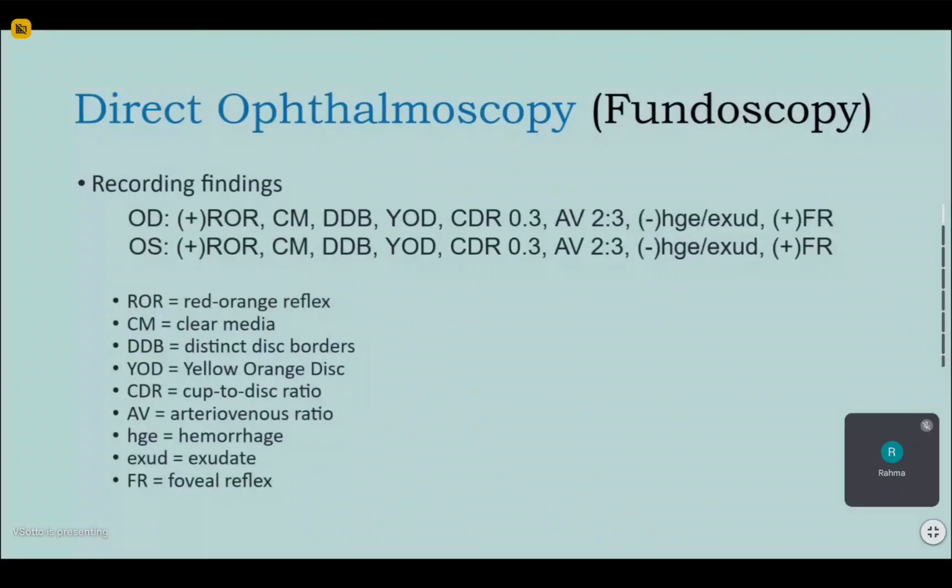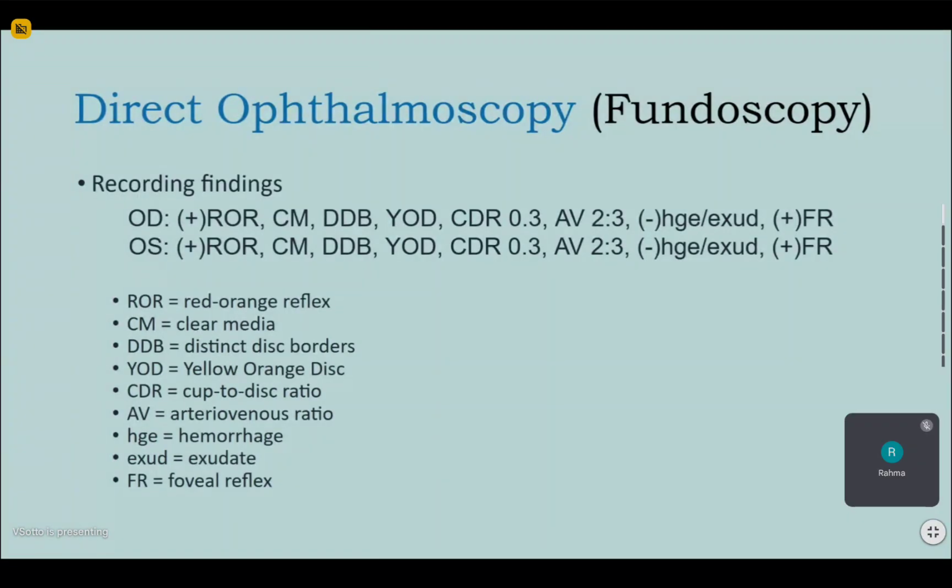It's an expected competency when you pass the board exam and you practice as a general practitioner. You have to perform ophthalmoscopy, direct fundoscopy.